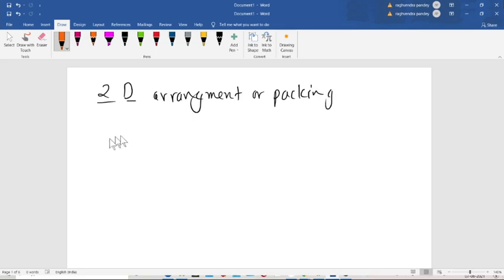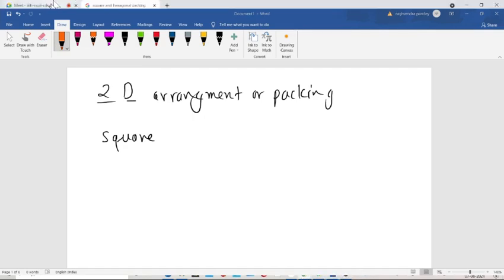One is your square, which we just saw, and that is your square one, and that is the hexagonal packing.